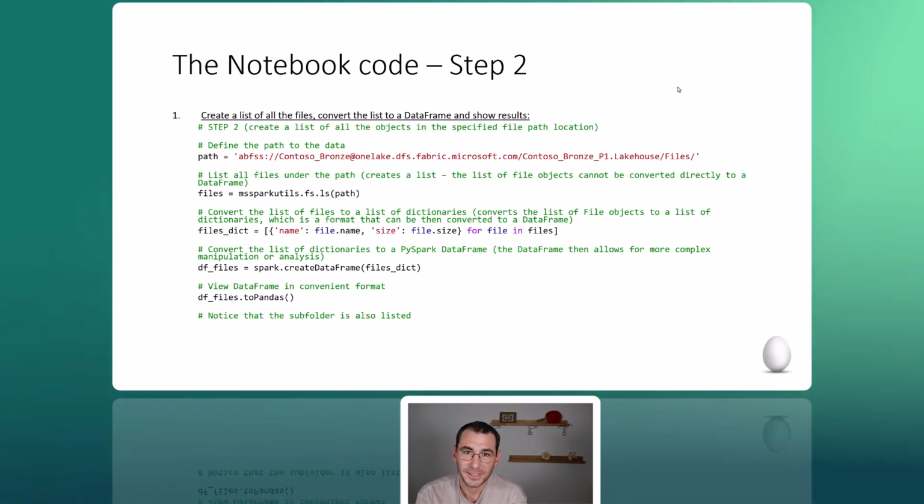Right, so step two for the notebook code process is creating a list of all the files in a directory, and then converting the list to a data frame, because we cannot save the directory to a data frame. That doesn't work. And then we want to see the results.